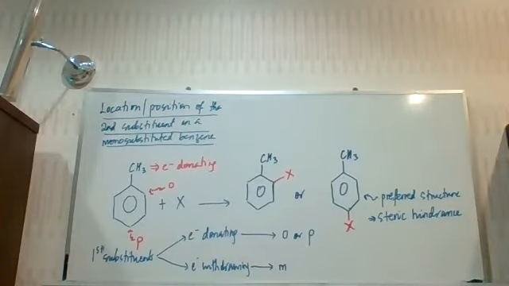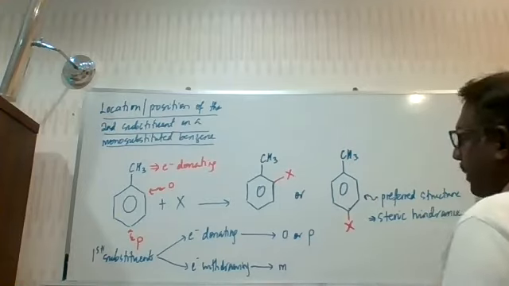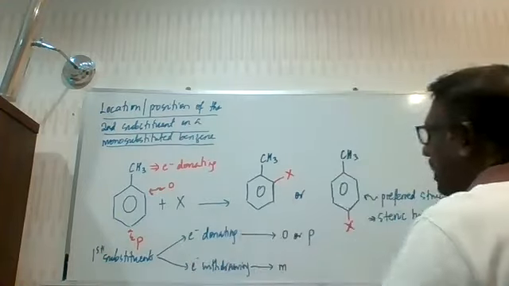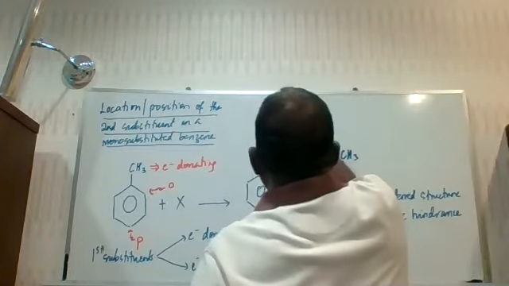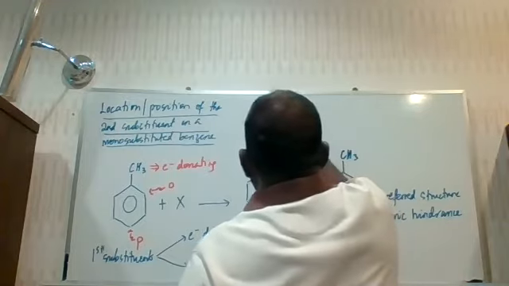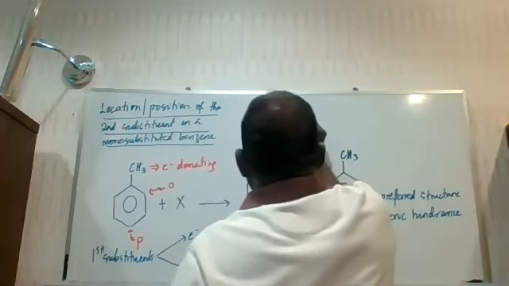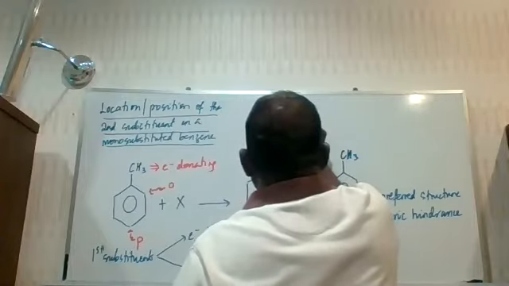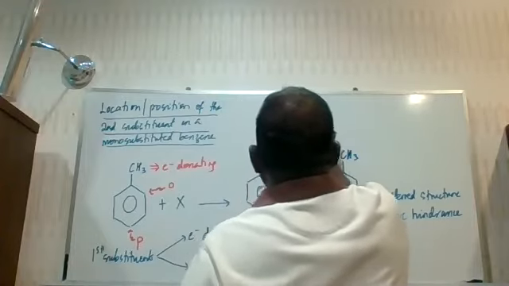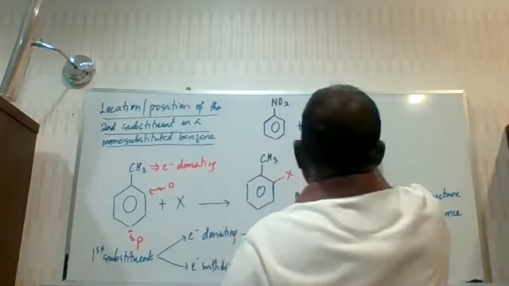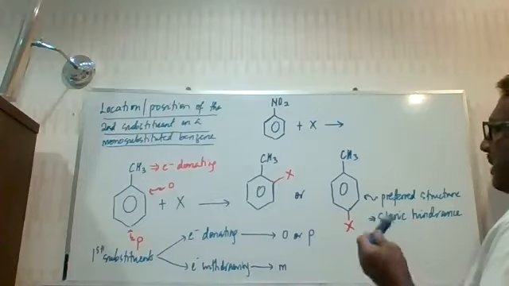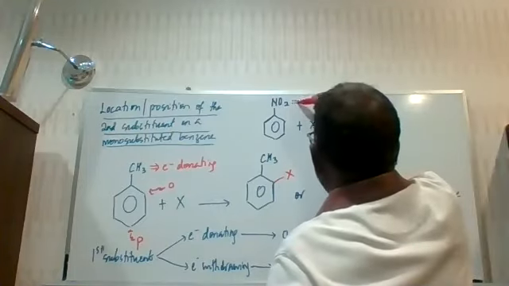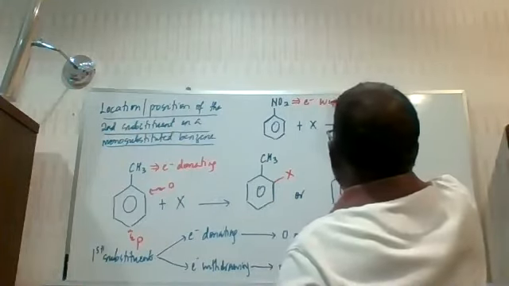Now, electron withdrawing group. Let me give you an example. That was your electron donating group, so I'm going to go for another example. Let's say we go for nitrobenzene, plus X. So what are the possible products? You should recognize the nitro group as an electron withdrawing group.